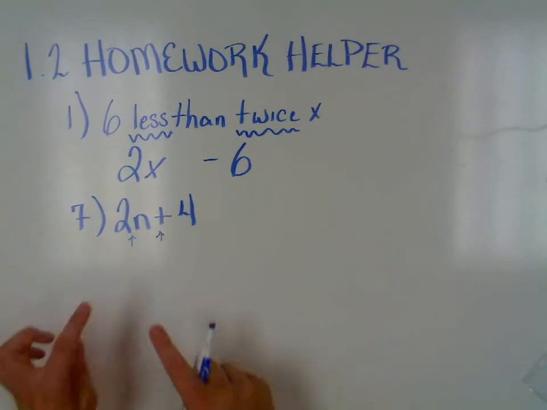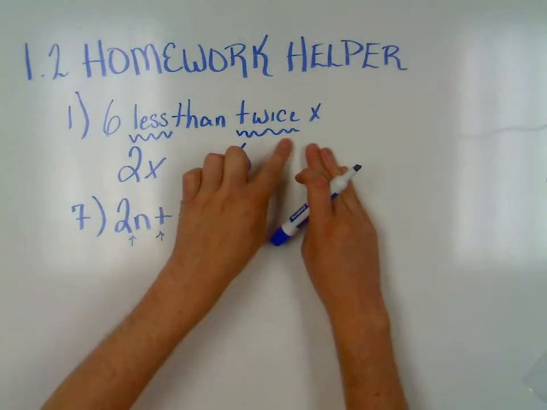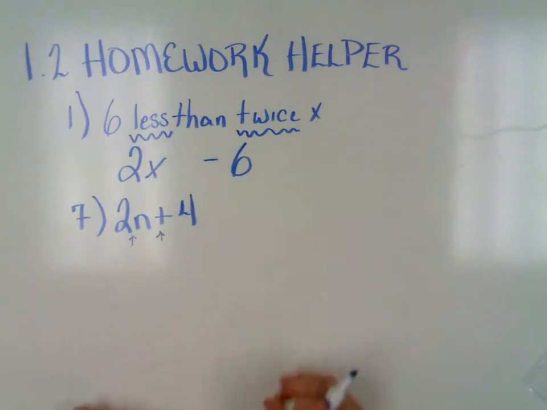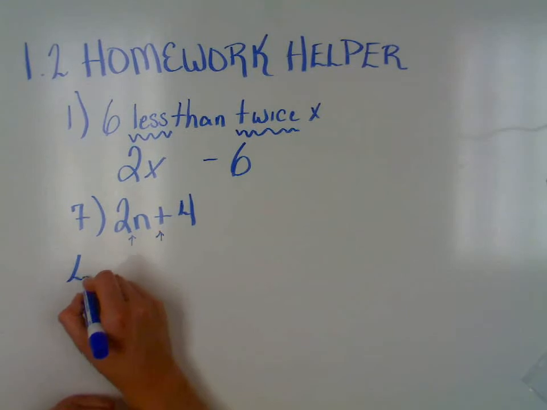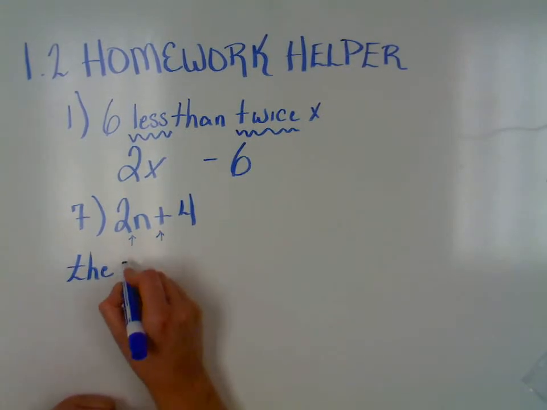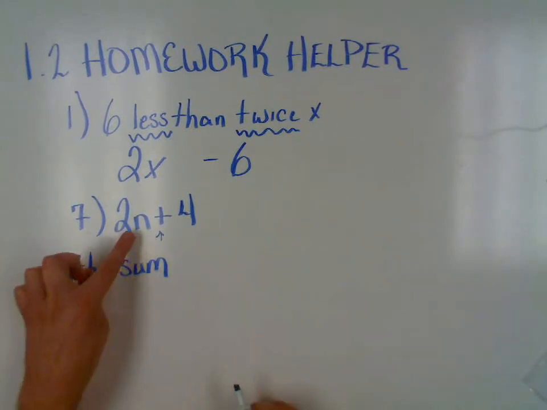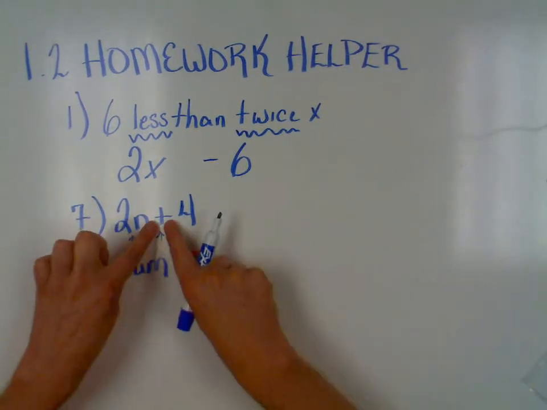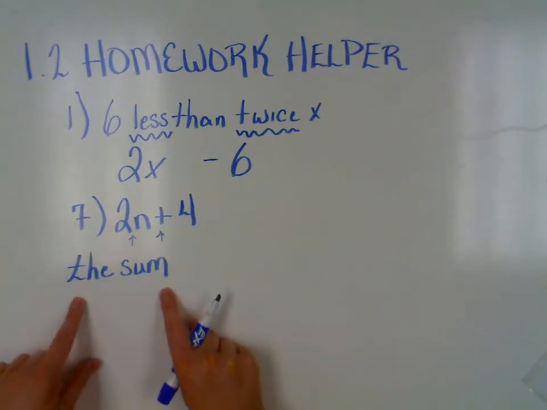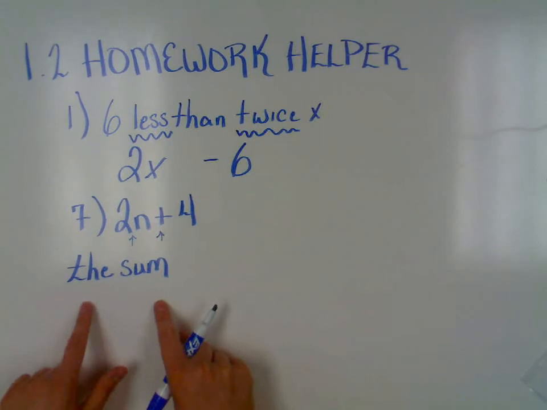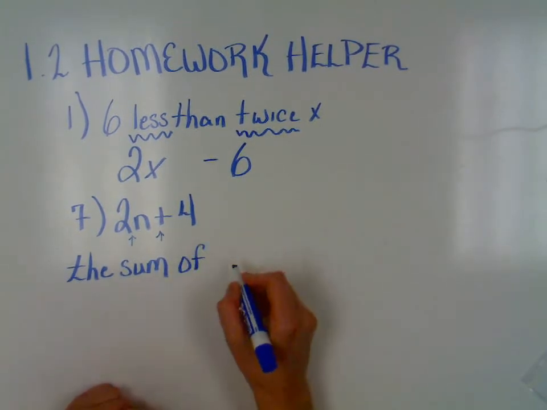So here up in front, we can say this a lot of different ways. We could use this twice concept here like we saw in number 1. We could even make it simpler. We could say that this is the sum. And when I'm saying sum, remember, I'm not talking about this multiplication. I'm talking about this addition in the middle. I'm saying here by starting off with a sum that I'm actually adding 2 different components together. So this is the sum of, well, what is it the sum of?